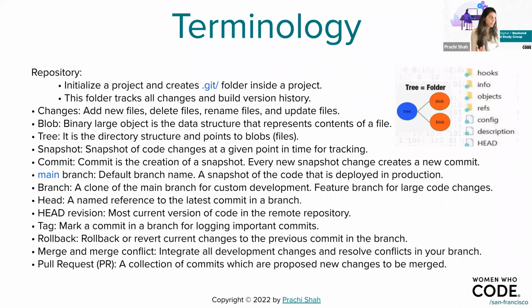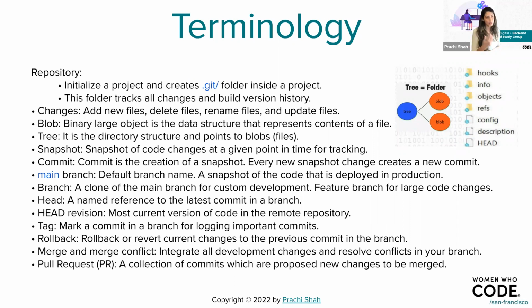Branch then means a clone of this main branch for custom development. You have your code project, which is in production, and now you want to add a new feature. You won't modify the actual main branch. You'd want to check out your main branch and create a separate branch out of it, which is just a copy of your main branch, the default branch.